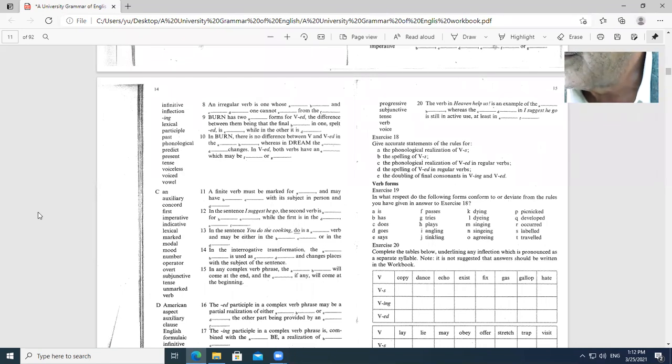In V-ed, both verbs have an inflection which may be voiced or unvoiced.